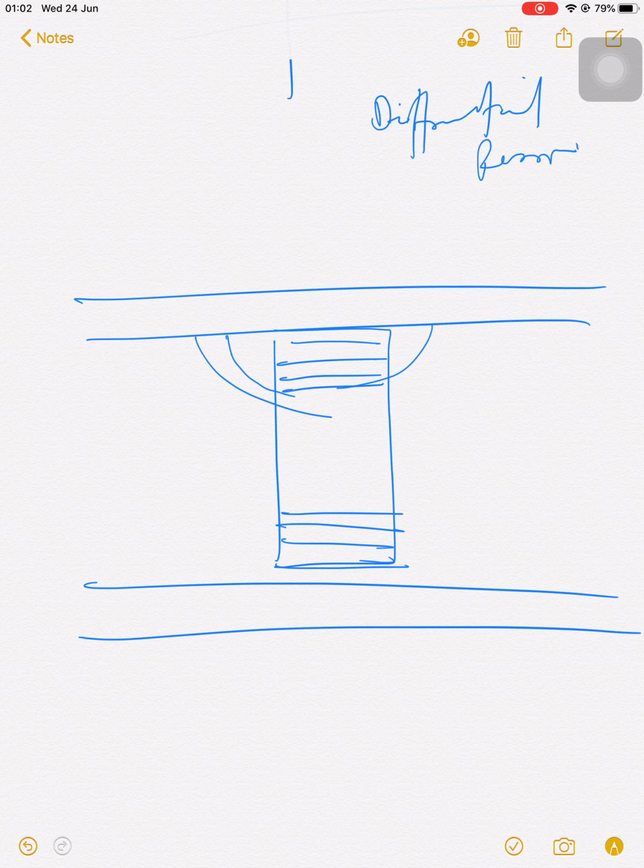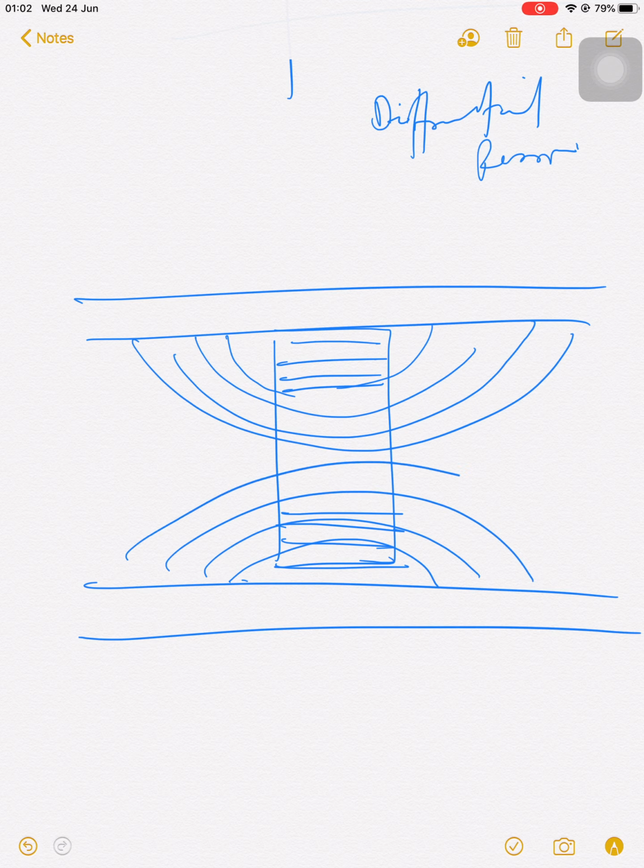Your magnetic field is created like this, on both sides. And this is the pipe wall, and this is the exciter coil.